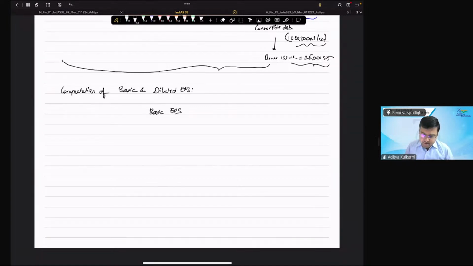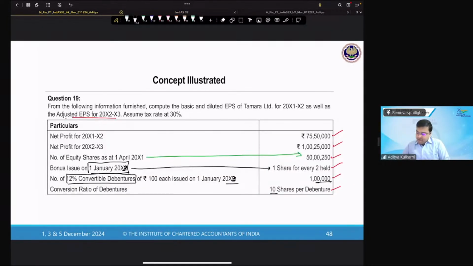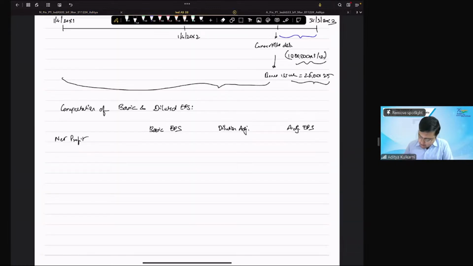Basic EPS, dilution adjustment, adjusted EPS. Net profit 75 lakh 50 for previous year, 1 crore 25,000 for current year.